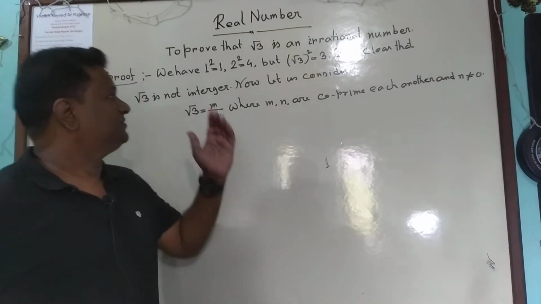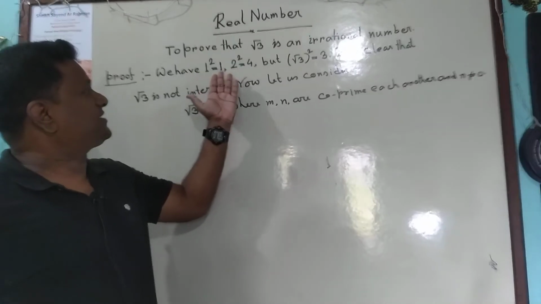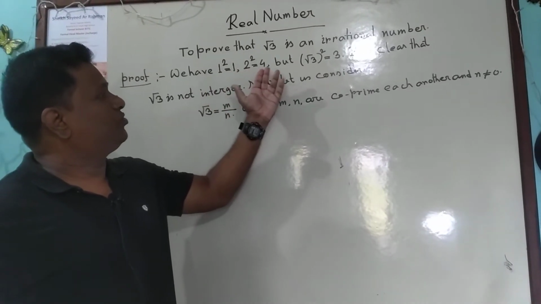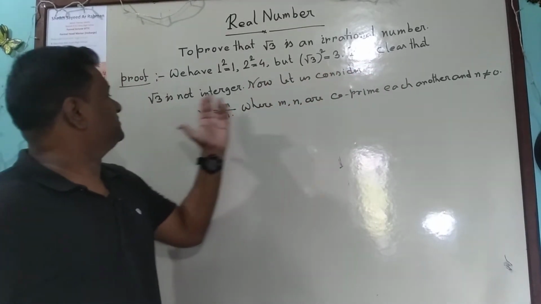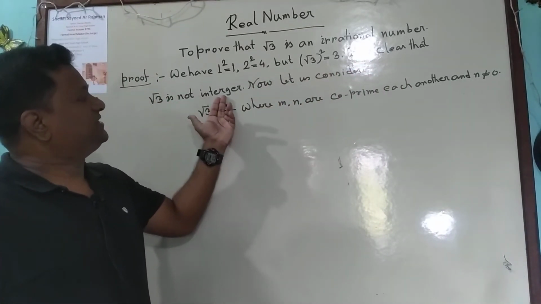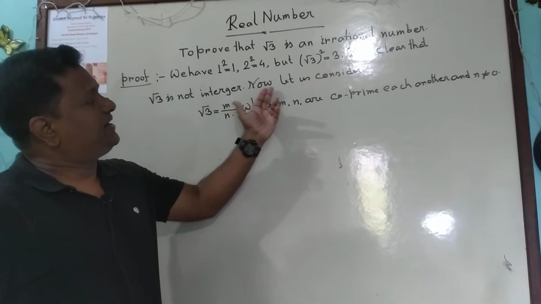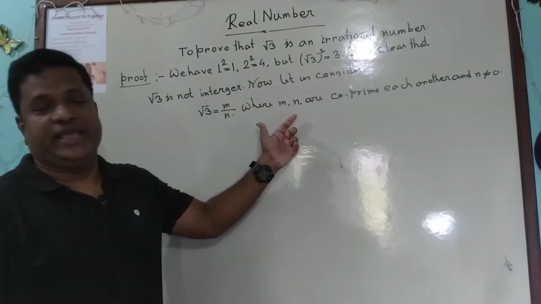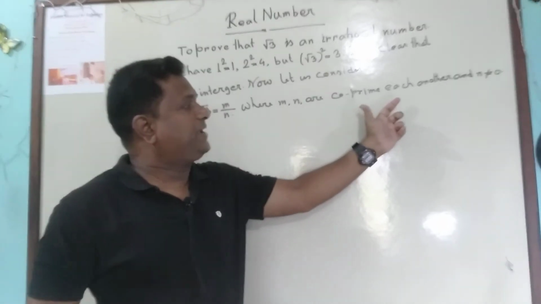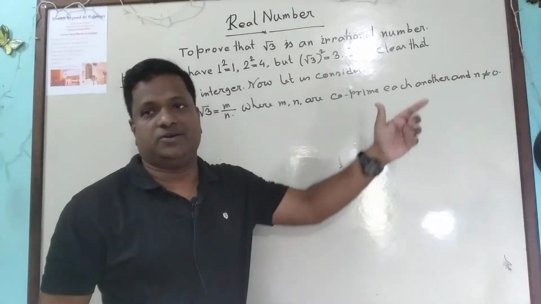It's clear we have 1 square equal to 1, 2 square equal to 4, but root 3 square equal to 3, so root 3 is not an integer.